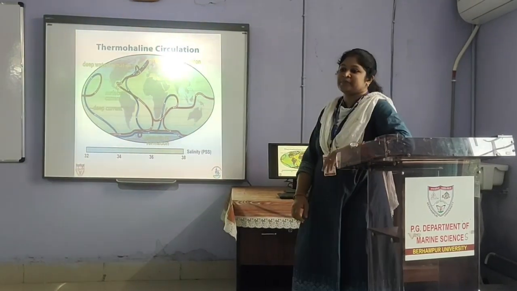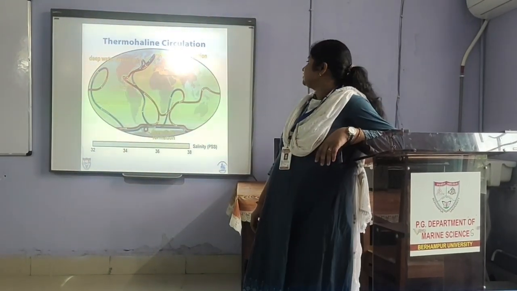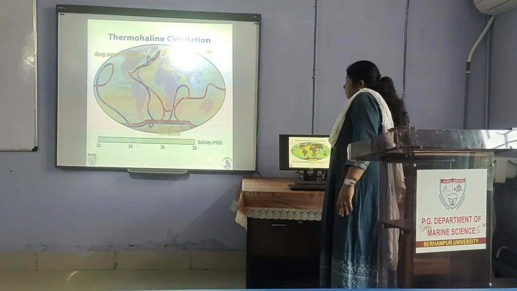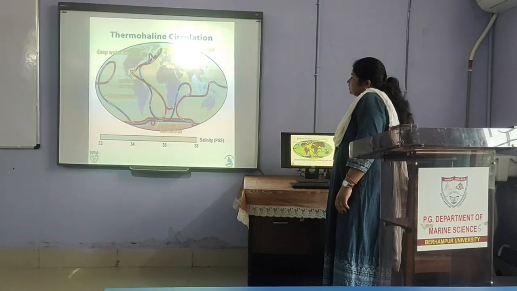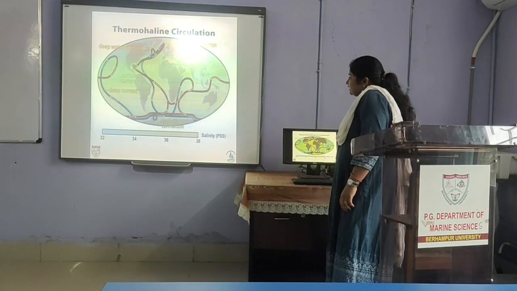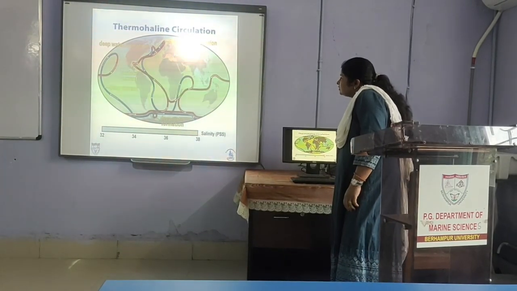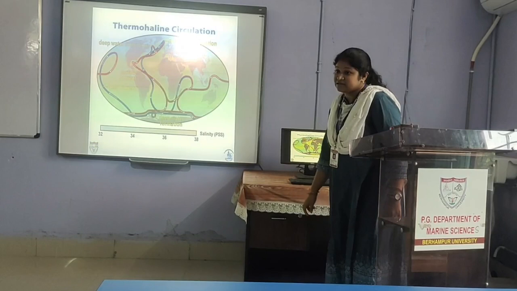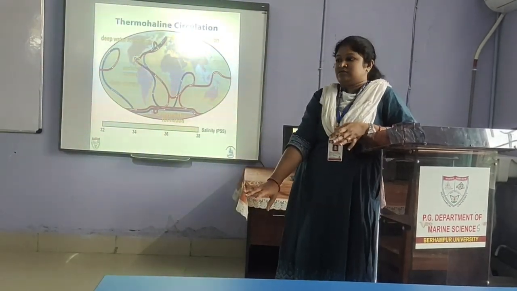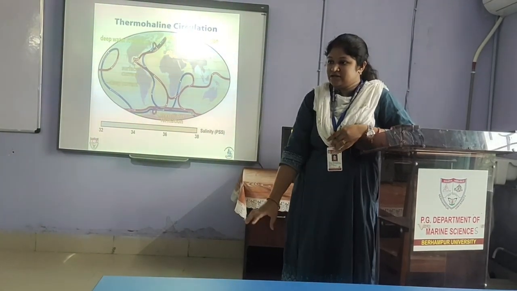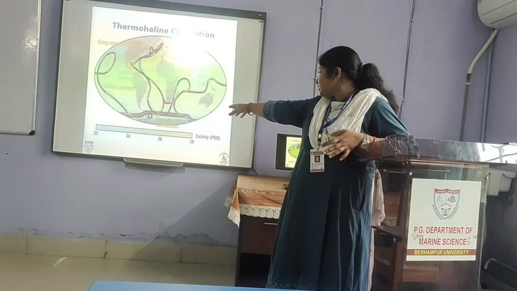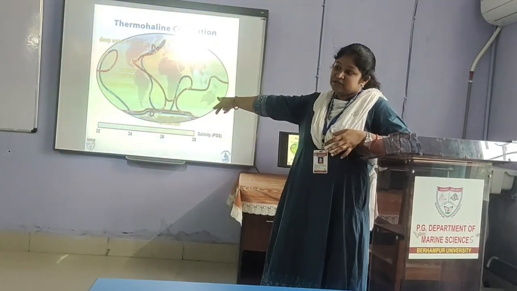This is the pictorial representation of thermohaline circulation. See, in the polar region only, deep water will form. The red color shows the direction of water in the deeper region; it will flow in the deeper region of the ocean, whereas the blue color comes to the surface.